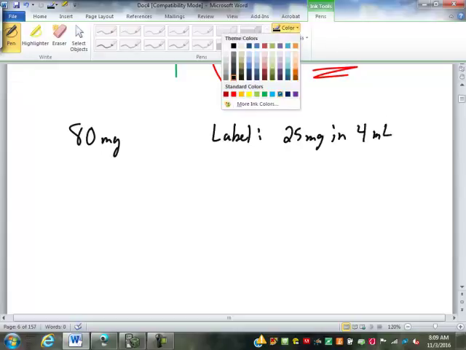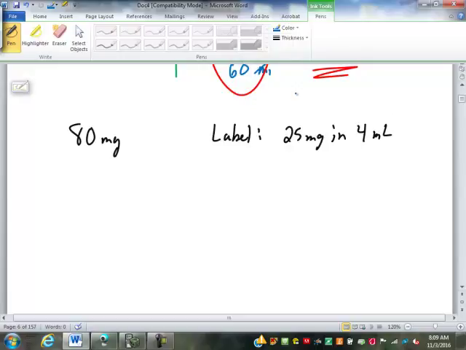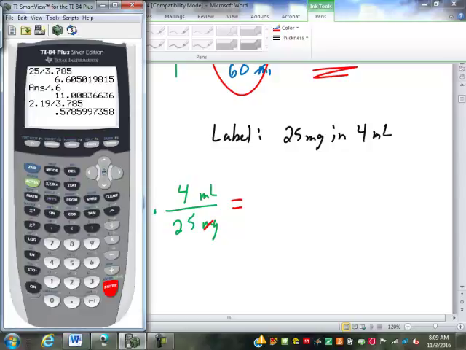You need to know how many milliliters of that medication to take. We've got 80 milligrams. We put milligrams on top and are converting to milliliters. 25 milligrams and 4 milliliters. So the milligrams cancel out. What we have here is 80 times 4 divided by 25.